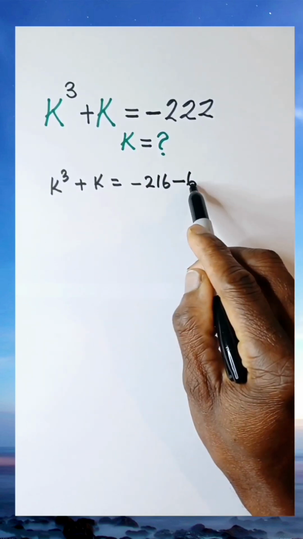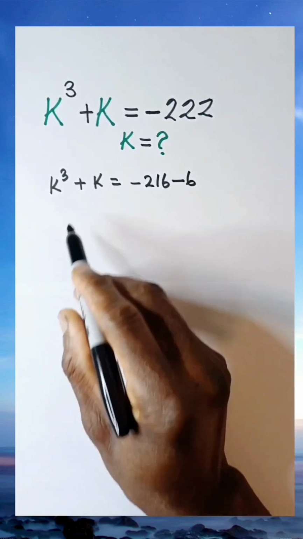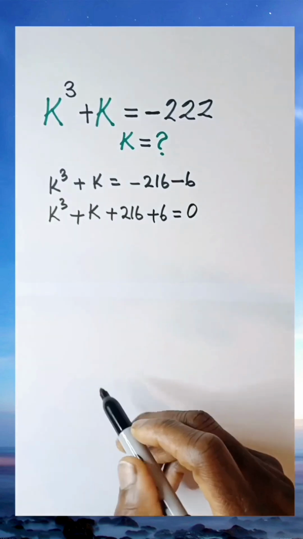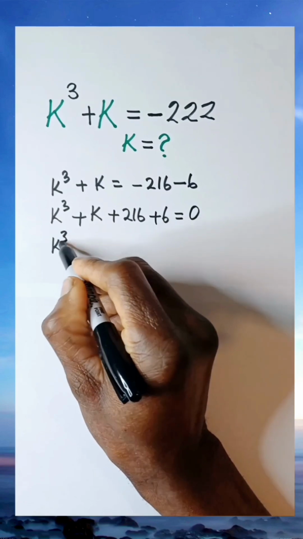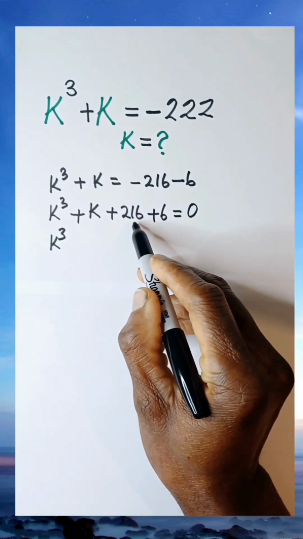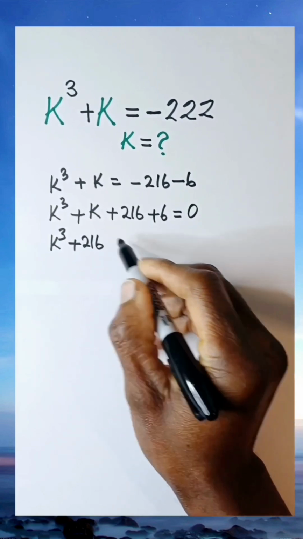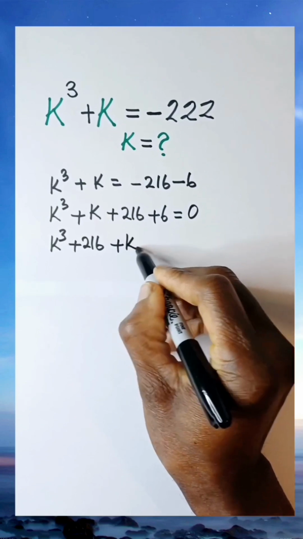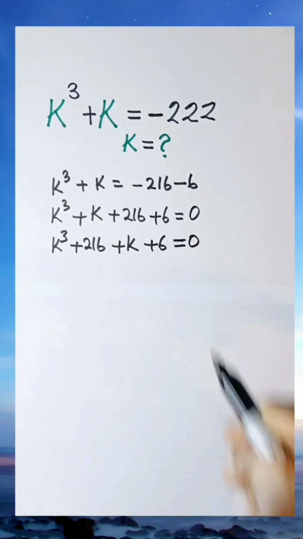Minus 216 minus 6 will give us minus 222. Now let us equate everything to 0. So we have k cubed, and I'm going to make 216 the second term, plus 216 plus k, then plus 6 is equal to 0.